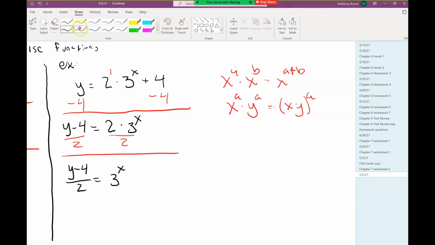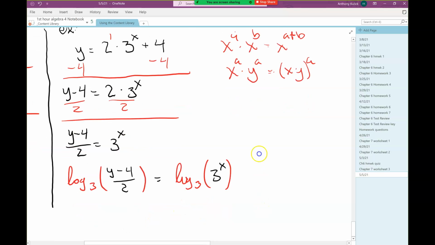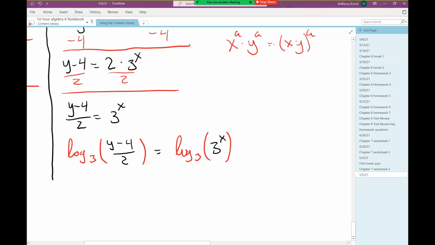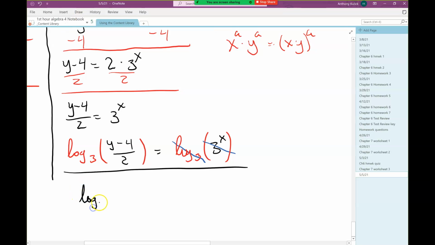Okay. So we're going to do log base 3 to both sides, because the log base 3 cancels the exponent base 3. And we're left with just the x on that right-hand side.